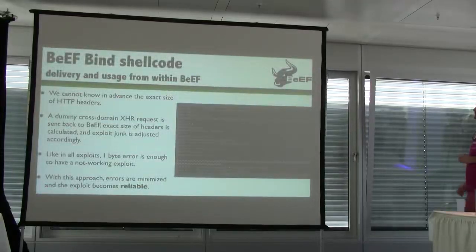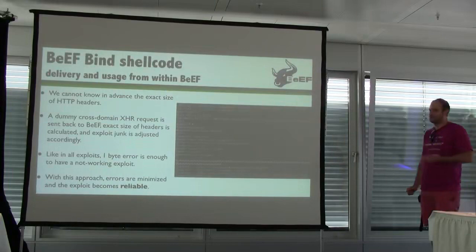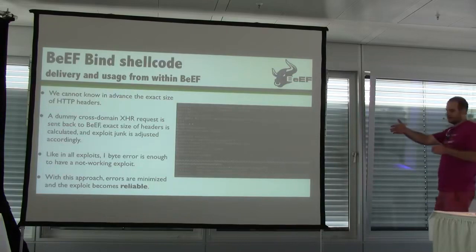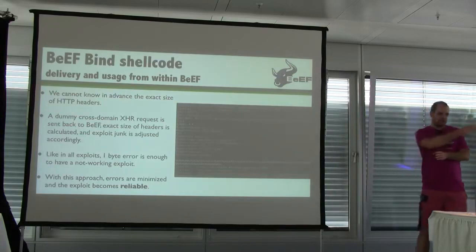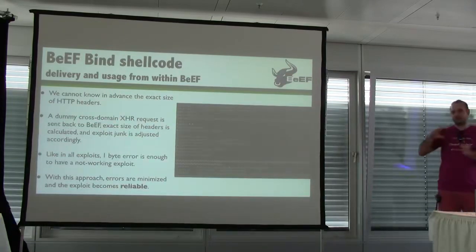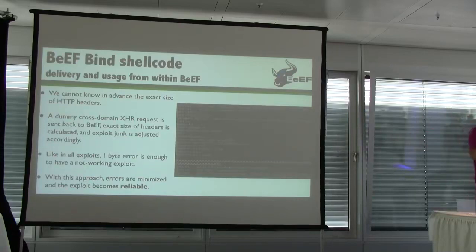Now, the other thing is that we cannot know in advance the exact size of HTTP headers, as I said before. So the way is that the hooked browser, before targeting the service, sends the request back to BeEF on a different socket. So you are still emulating the cross-origin scenario, and you can know exactly that those headers you are parsing will be the same as those that are going to be sent to the target, with the difference of the host header, of course, which is recalculated.